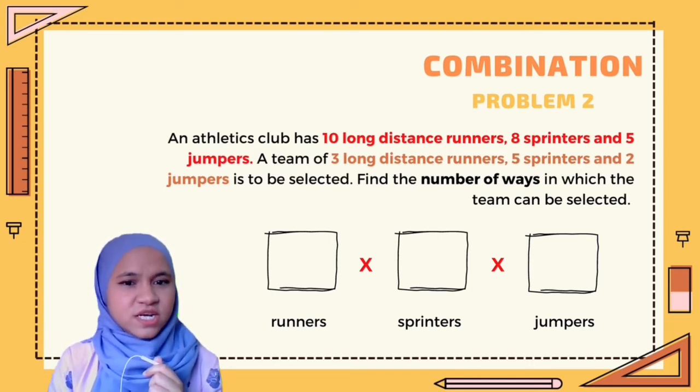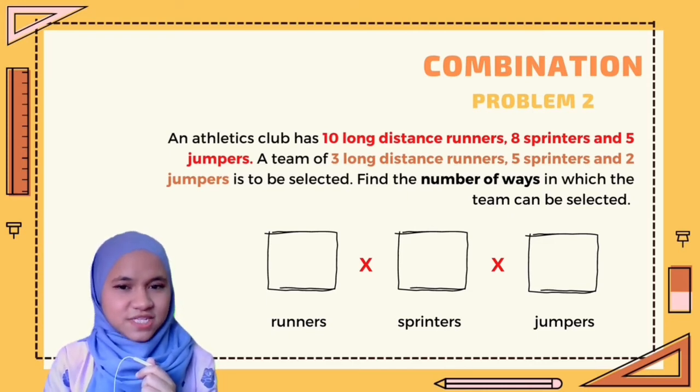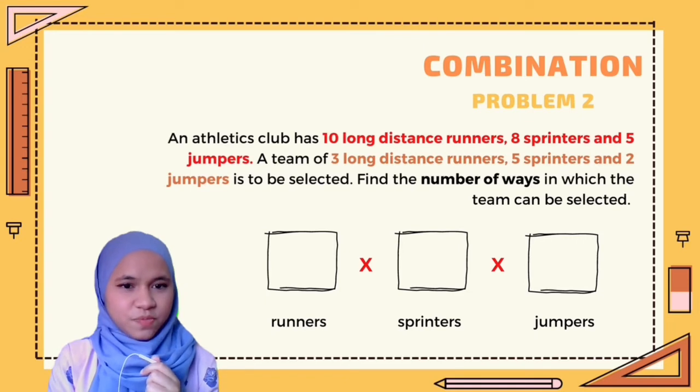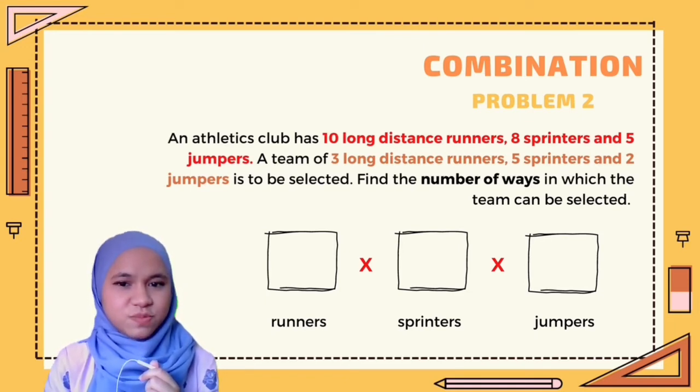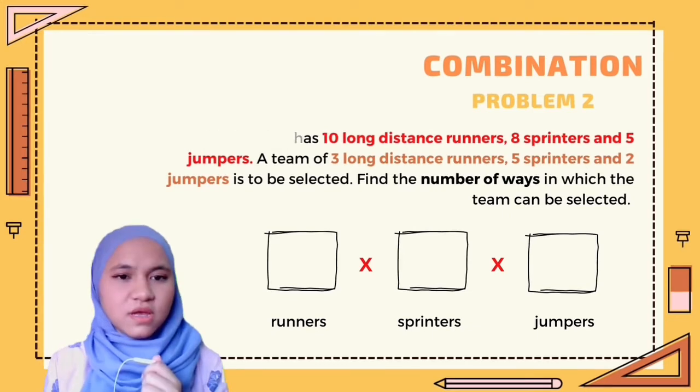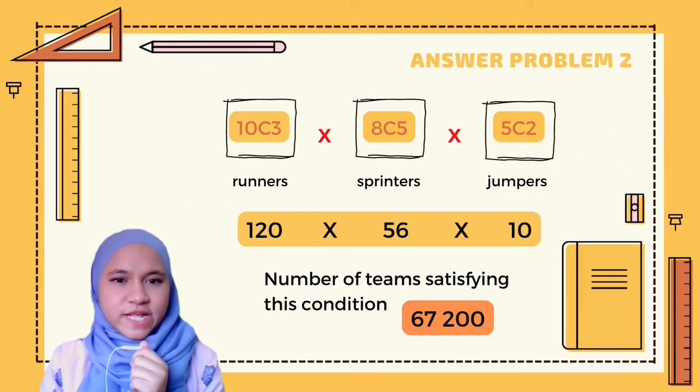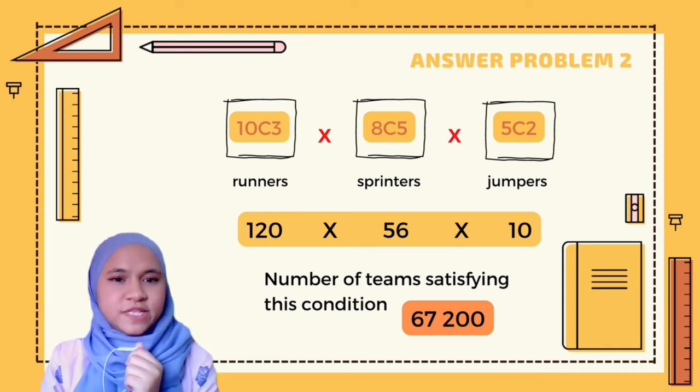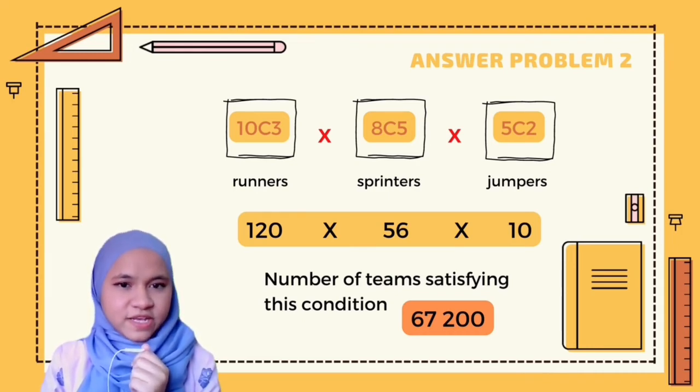The question needs a team of 3 runners, 5 sprinters, and 2 jumpers. So, here we have 3 boxes representing runners, sprinters, and jumpers. How do we select the 3 runners from 10 runners? It's going to be represented by the combination of 10 taken 3.